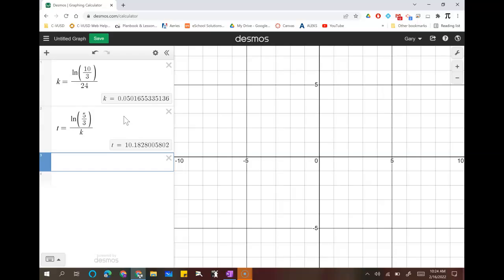That's the exact answer. And that's using, I set K equal to the natural log of 10 thirds over 24. That's 0.0501 all the way down, so this is using all the possible decimal places. And then my T for my final answer is natural log of 5/3 divided by K, using the K that I set it equal to at the beginning. And so that gives me my exact answer.